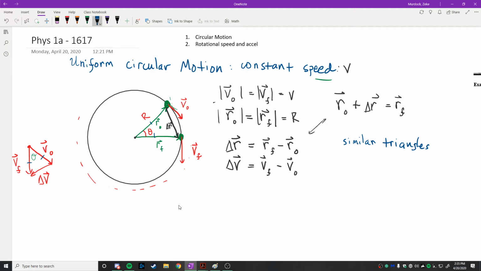So since they're similar, we can make ratios amongst the sides, right? For example, if I take the side that's opposite the angle here, on the left-hand side, I'm going to say delta v divided by, really either of these sides work, but I'm going to use, let's say, v initial. But I can't divide vectors, right?